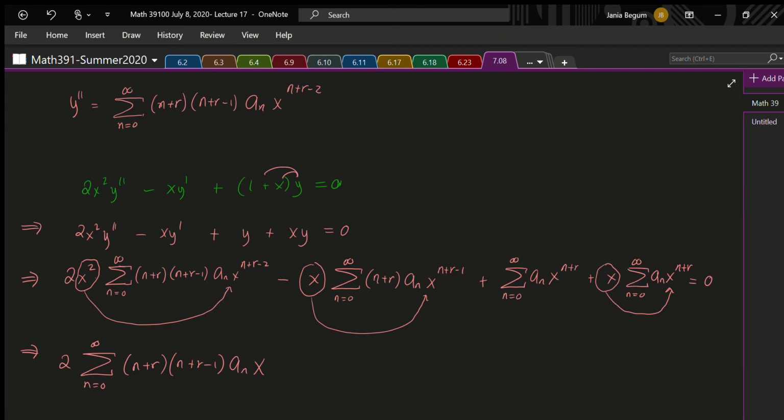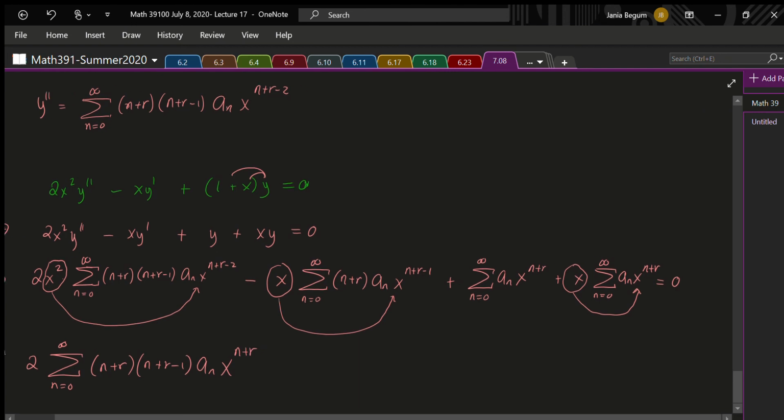They cancel out, so it's just n plus r. And then for the second one, we have minus the sum starting at n equals 0 to infinity, n plus r times a_n x to the, now as you push the x inside, the negative 1 power will cancel, so this is also just n plus r.